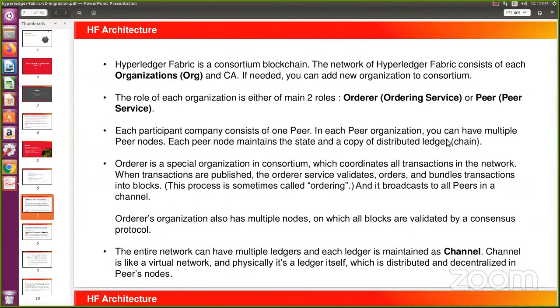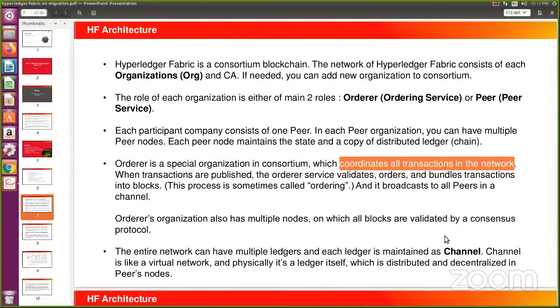Each organization can have its own state database, CouchDB, which is key-value, like MongoDB. The distributed ledger is immutable and managed by the main network because it's distributed. And the orderer, as I discussed earlier, has the job of coordinating all the transactions in the network.